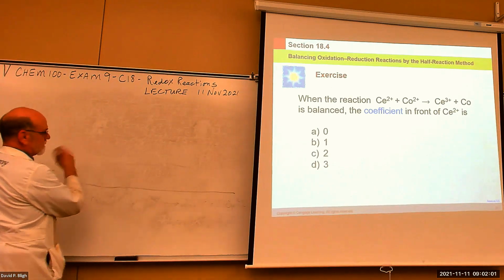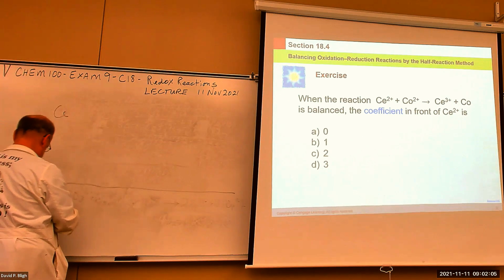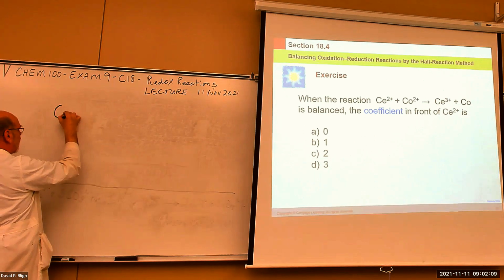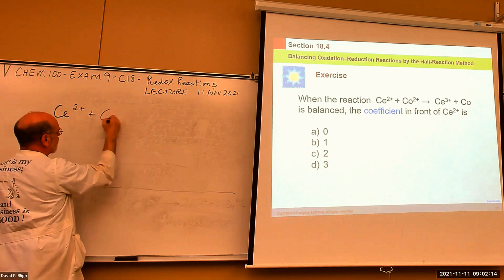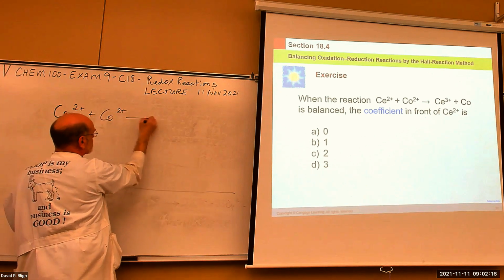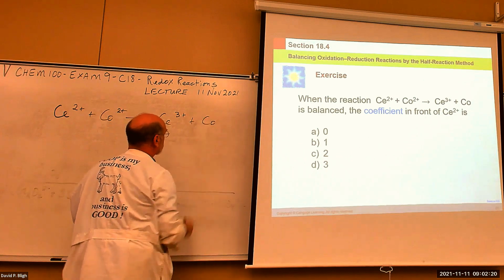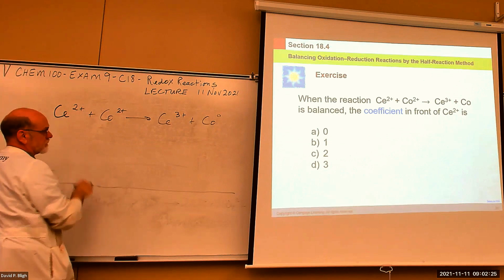But this is a shortcut. Cerium 2+, cobalt 2+, cerium 3+, and cobalt metal. So this one's 0, 3+, 2+, 2+.